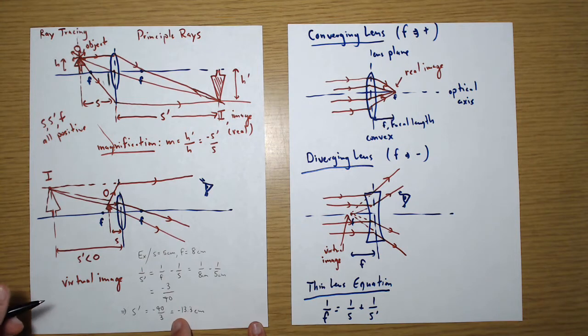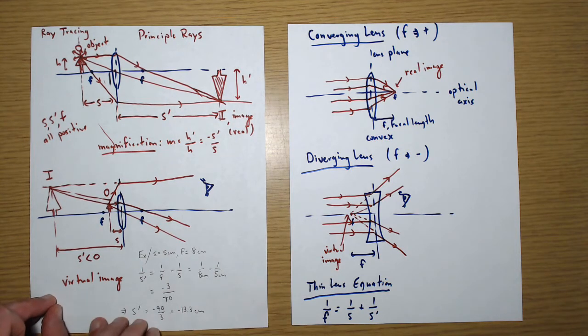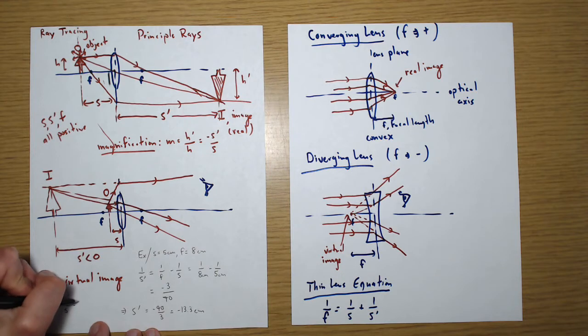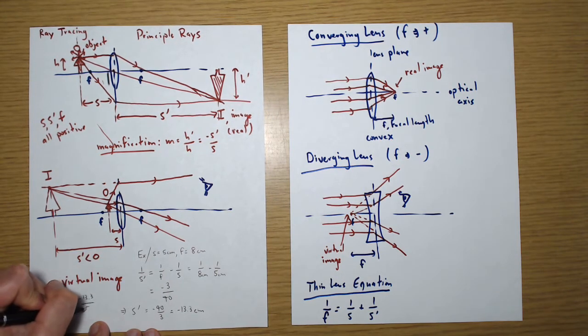Now, if I was to calculate the magnification, I can do it pretty simply. The magnification M is equal to negative S prime over S. And S prime is negative 13.3, and S is 5.